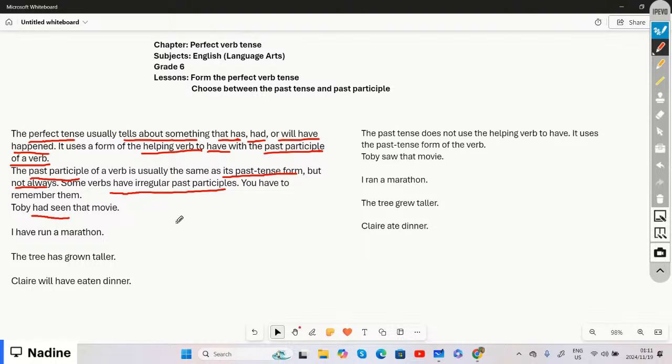If you look at another example, it says, I have run a marathon. If we were to identify the past participle within that sentence with its helping verb, then we can say it's have run. So, I have run a marathon.